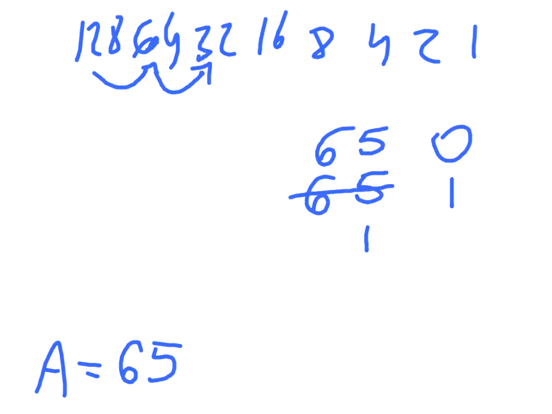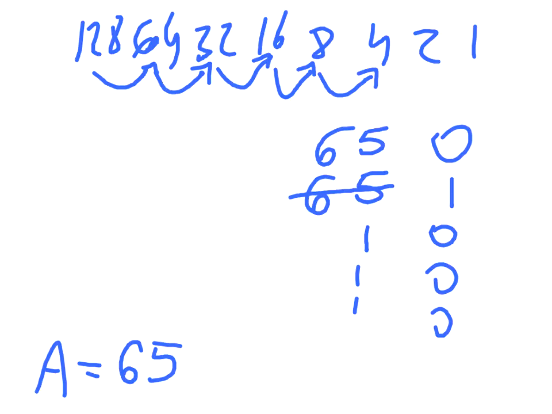Now we are at 32. Does 32 go into 1? No. Does 16 go into 1? No. Does 8 go into 1? No. Does 4 go into 1? No. Does 2 go into 1?